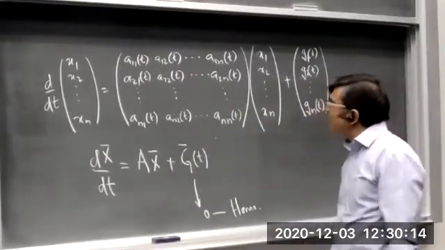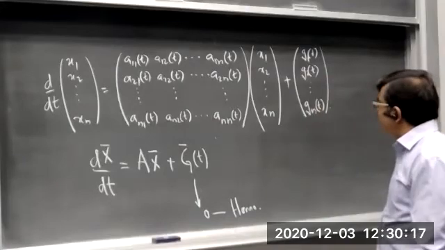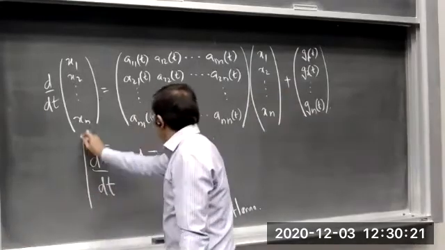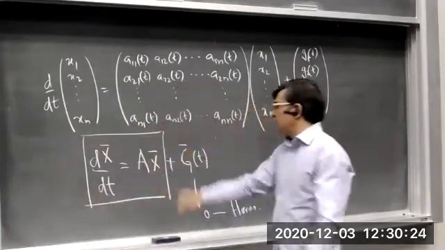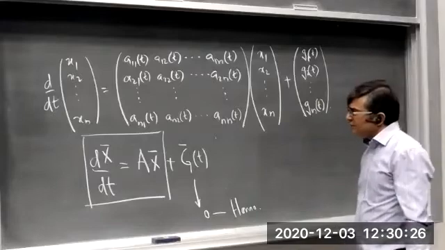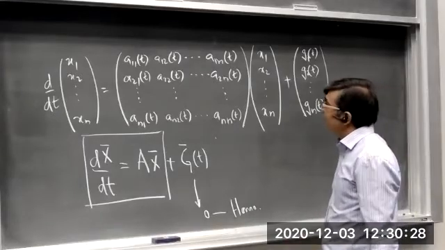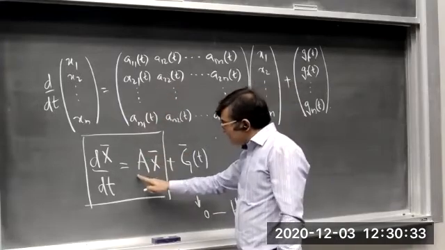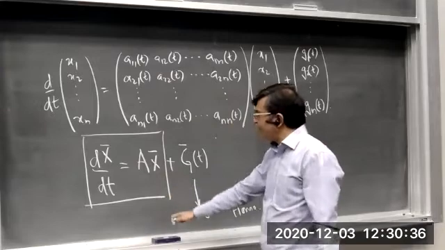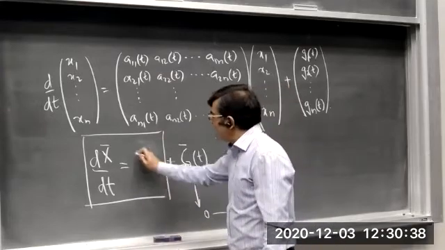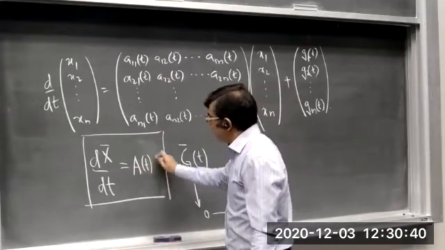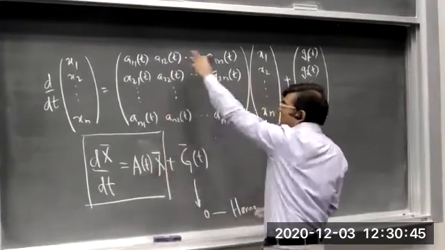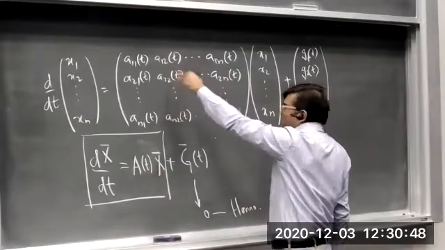What we are going to deal with: first we shall deal with homogeneous systems of linear equations, first order. First we will deal with this coefficient matrix A. Here the coefficient matrix A is basically a function of t, times x, because this matrix has entries which are functions of t.